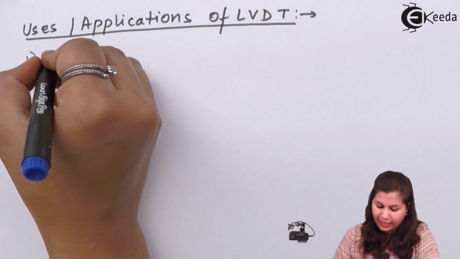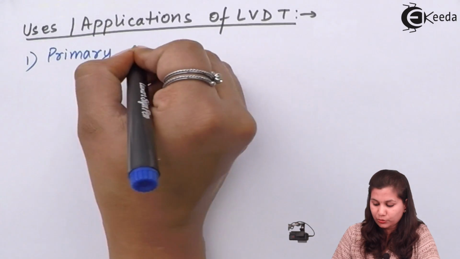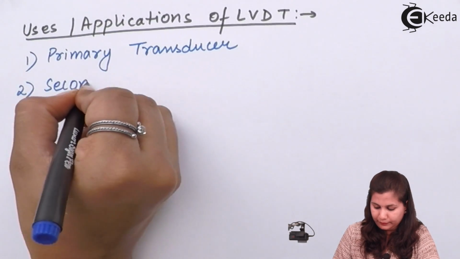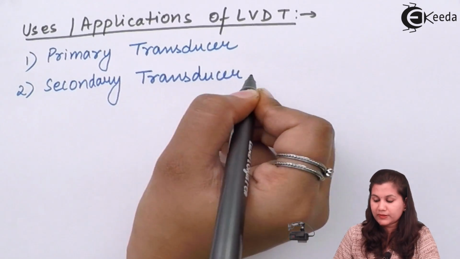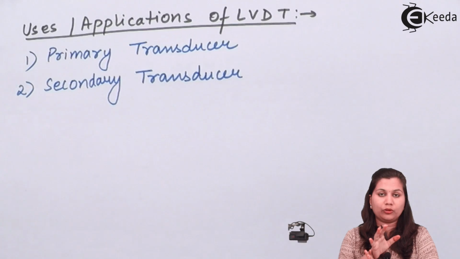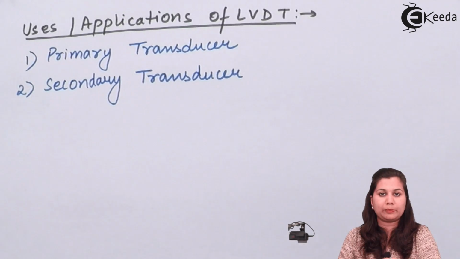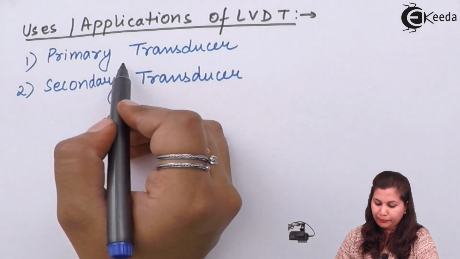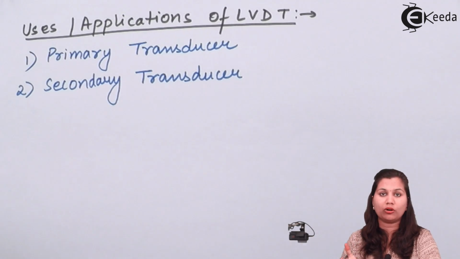It can be used as a primary transducer and also as a secondary transducer. As a primary transducer, it directly converts a non-electrical quantity into an electrical quantity: displacement is converted into voltage.